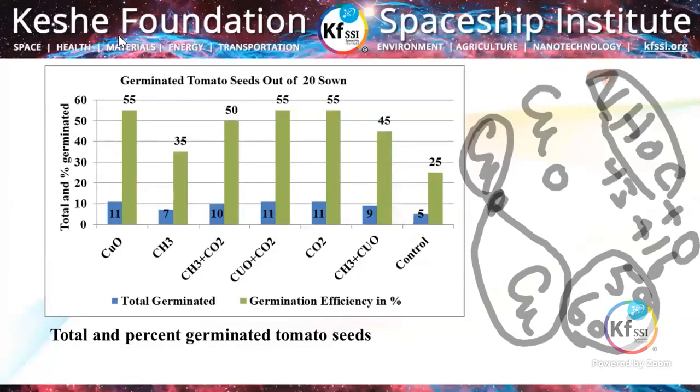So if you use CuO, you see it again with CO2, it stays at 55%. CuO is there, and if you add CH3 to it, it makes it less effective because the amino acid links up with the CH3.